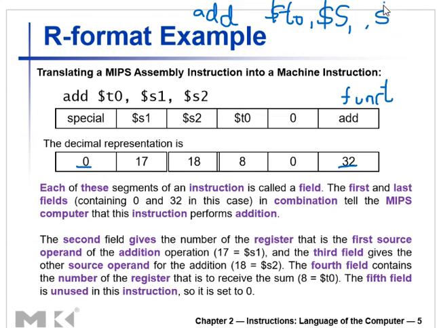Now you have to decide which is the source and which is the destination. Register $t0 is the destination. So where do we put the destination? Let's remember the fields.